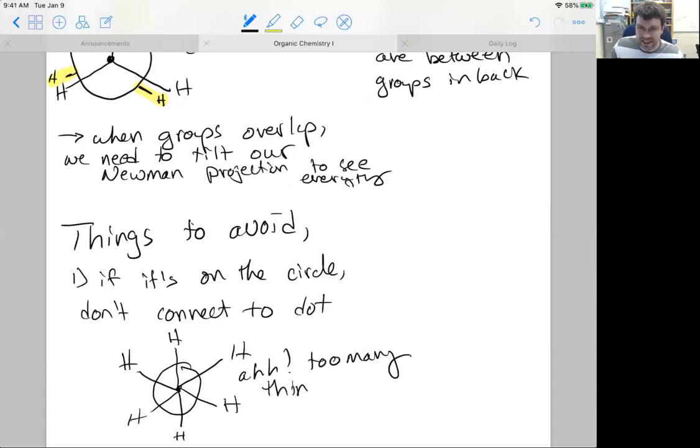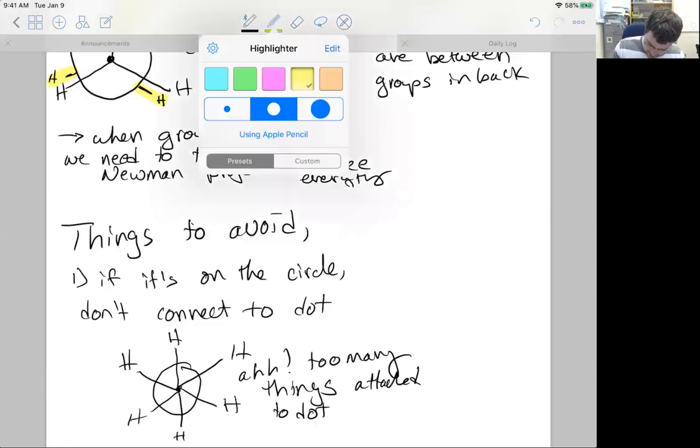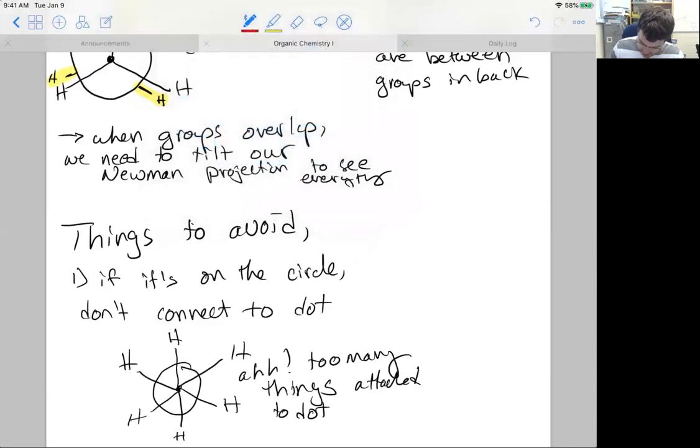Because if you draw it inside the circle and connect to the dot, you're saying that the atom is bonded to the dot. I'm going to put a red square around that. That's a big no-no. We've got to make sure that we stop at the circle when it's appropriate, and go into the dot when it's appropriate, to show that 3 things are connected to the dot and 3 things are connected to the circle.